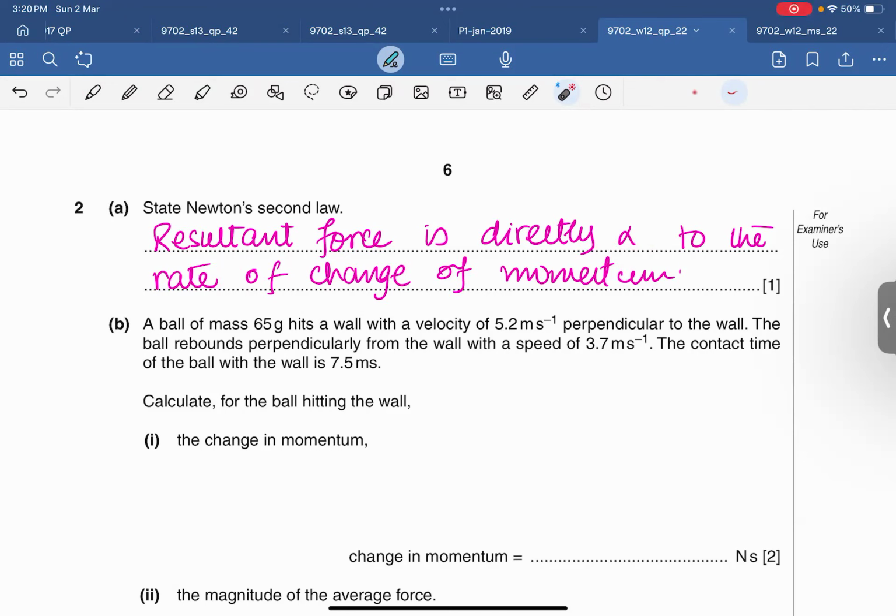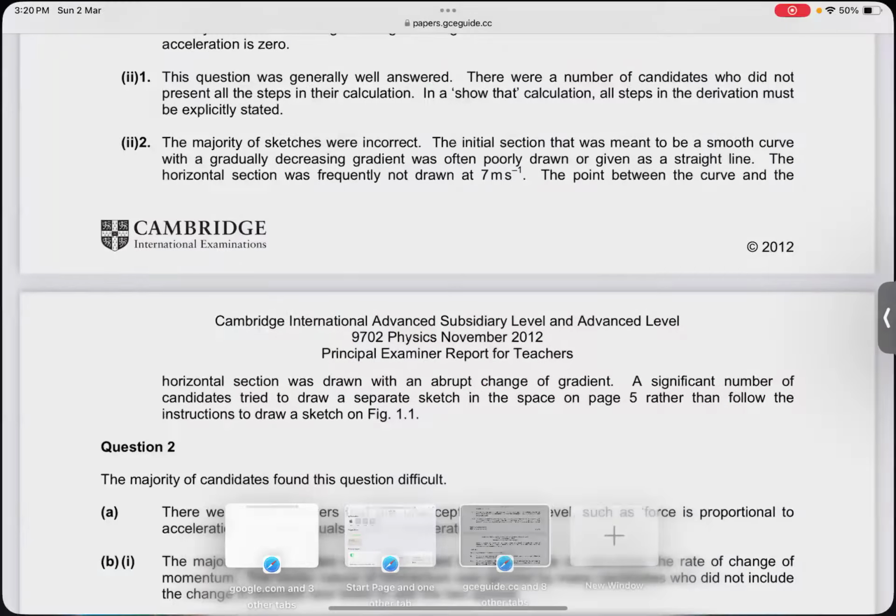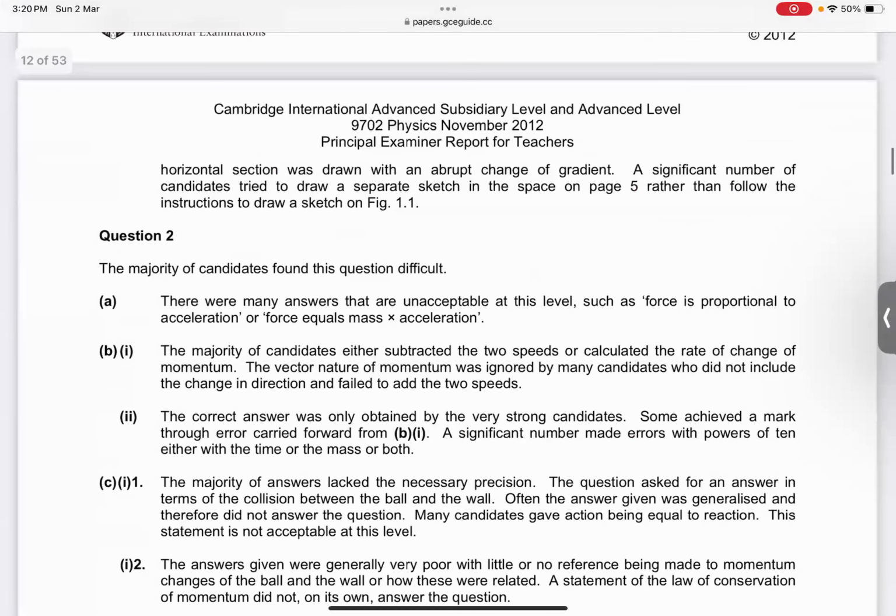You have to write the proportional relation. Let's see the marking key and examiner report first, because it is a definition. There were many answers that were unacceptable at this level, such as force is proportional to acceleration, or force is equal to mass and acceleration. You cannot write this.